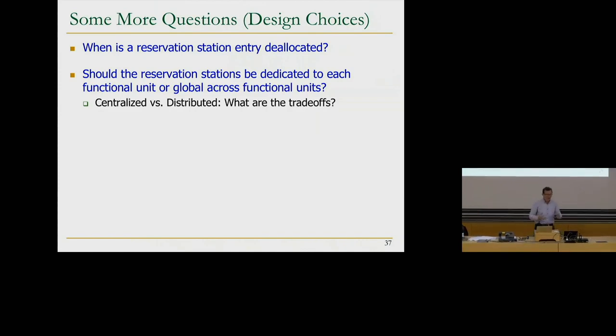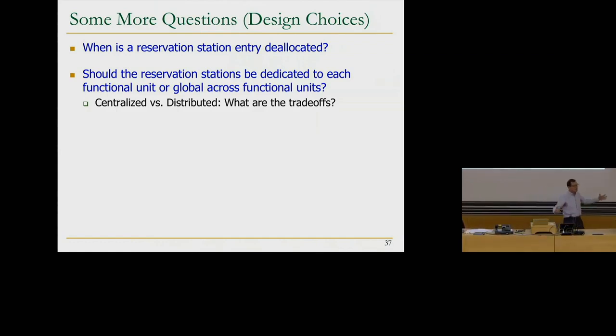Now, one trade-off is if it's centralized, it's going to be a bigger data structure, assuming you keep the same number of instructions. It's going to be bigger memory, so it may not be as easy to design. But if it's centralized, you may actually get better balance. For example, if you have a lot of adds, you're not limited by just 4 adds over here.